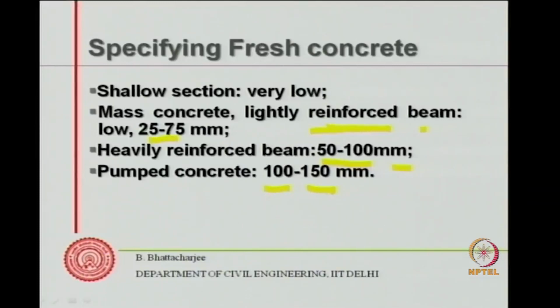So these are given in codes. For example, the Indian Standard Code is IS 456 2000, and these are specified in such code. Alright, so this is how we specify the properties of fresh concrete.